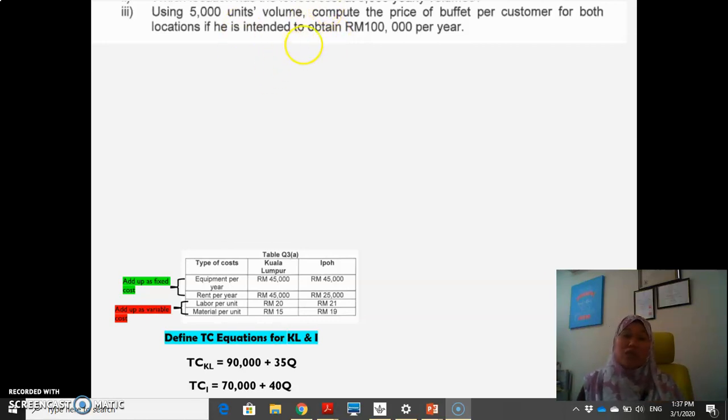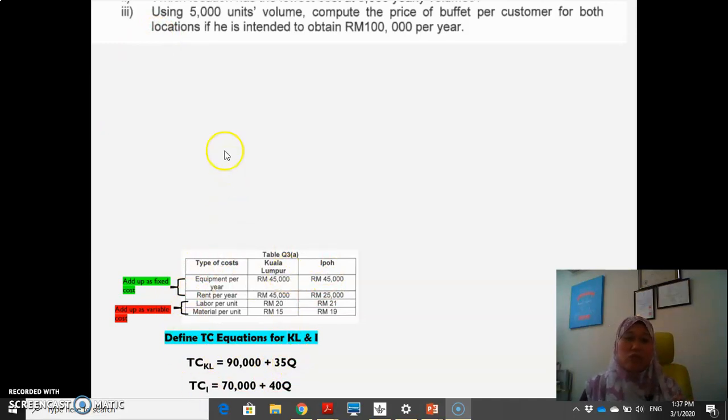What should he decide on the price for both locations? So if he opens the restaurant in Ipoh, what is the price? And if he opens the restaurant in KL, what is the price for the buffet?